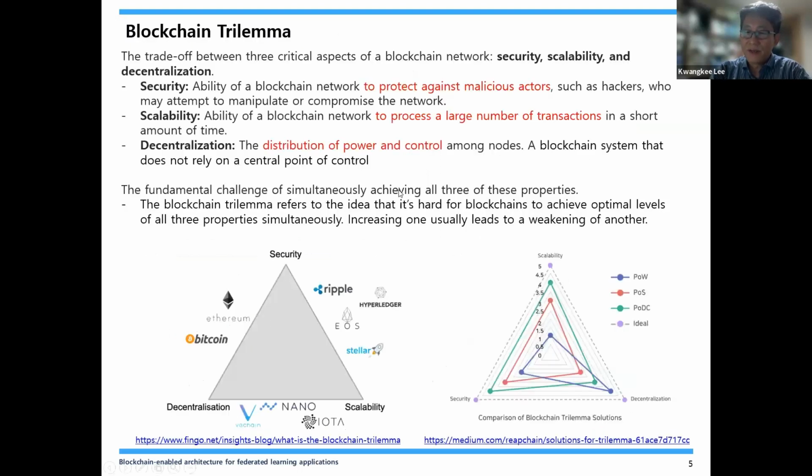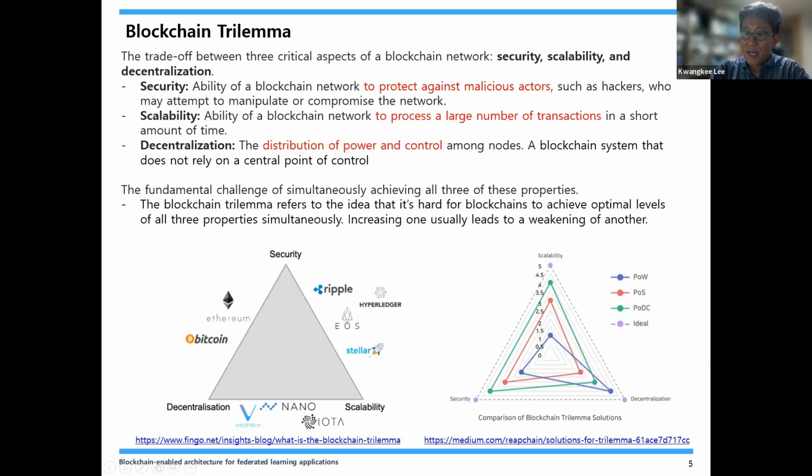But for blockchain, there's a core problem that needs to be solved. The problem is well known as the blockchain trilemma. The blockchain trilemma states that it is impossible for a single blockchain network to satisfy all three characteristics at the same time. That means we can only meet two of the three possibilities.